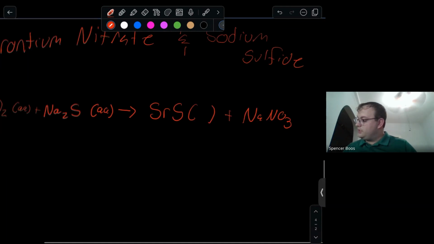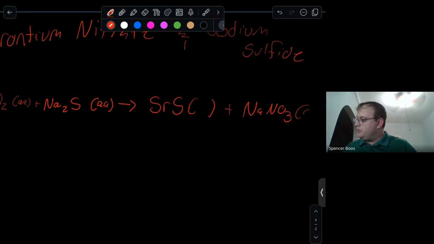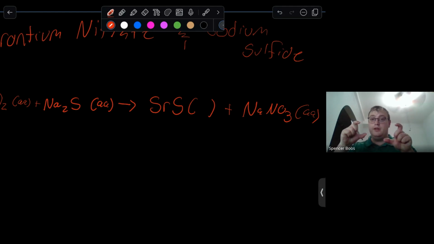So this would be aqueous. And SrS, if we look at the little half sheet, it'll say all sulfides are insoluble unless they're with a group 1A metal. Strontium is not a 1A metal, ergo solid.